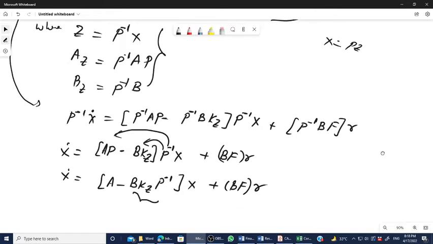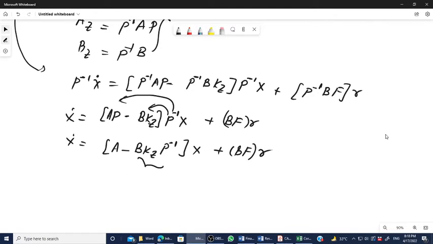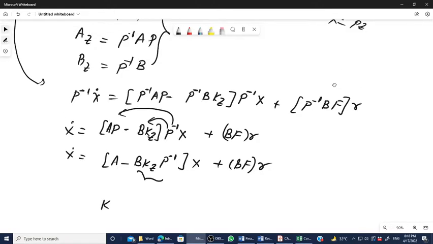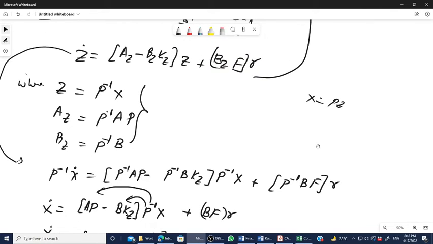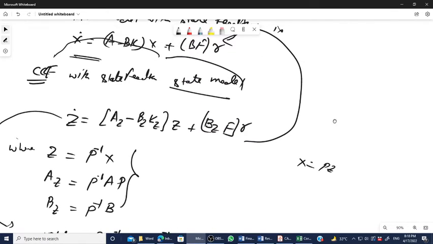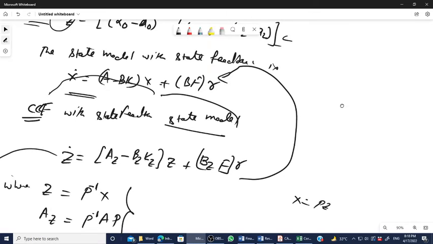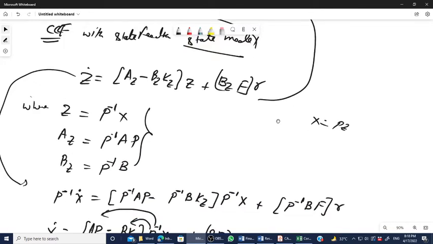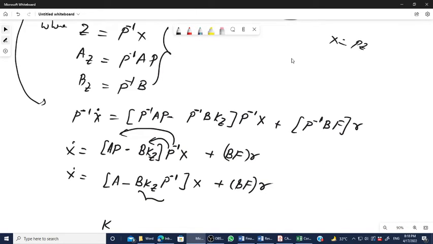So now what is K? Your A minus BK was the previous equation. So what is the K here? When you compare this equation, K becomes Kz into P inverse.